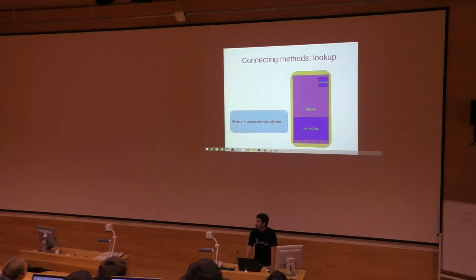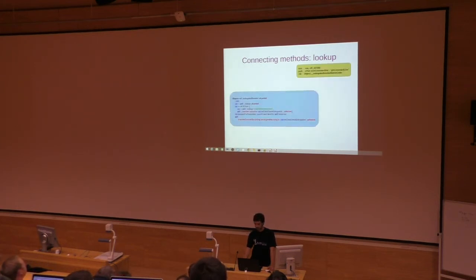Well, we can implement lookup and invoke, okay? And what is lookup and invoke? Lookup and invoke means to take the selector, look for the class that implements this selector, and then invoke the compiled method found. Okay? And we can write this in Smalltalk.